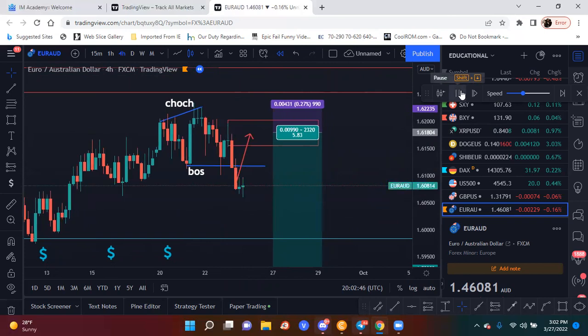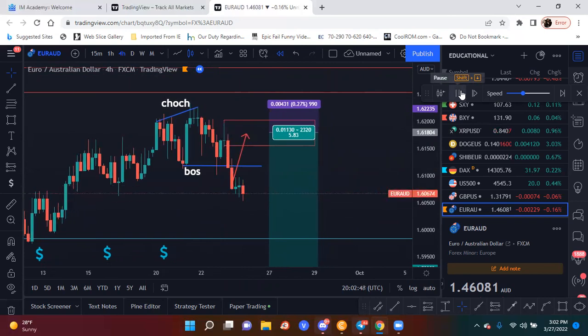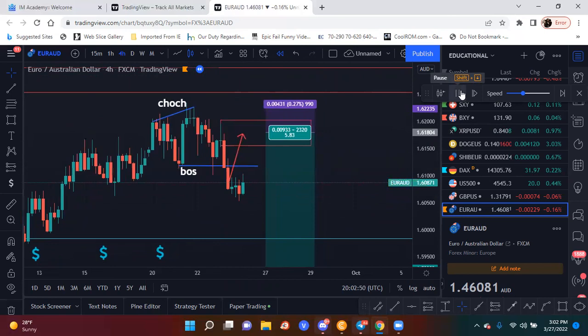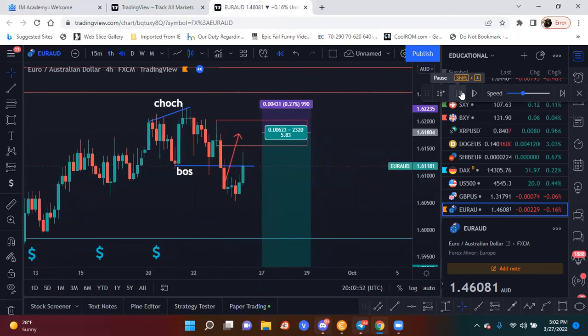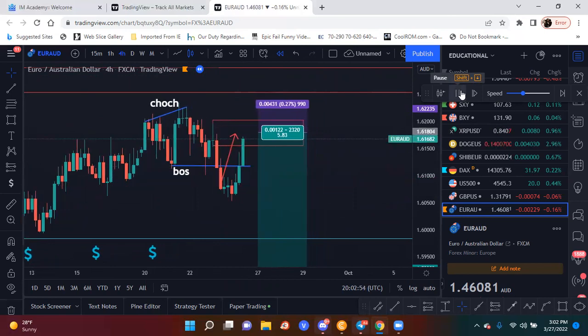Okay, we got a pullback at the BOS. Okay, so we're in the zone. Usually, from this point, I'd be going to a lower time frame and doing exactly what I'm doing right now, but I don't know if I can do that with trading.